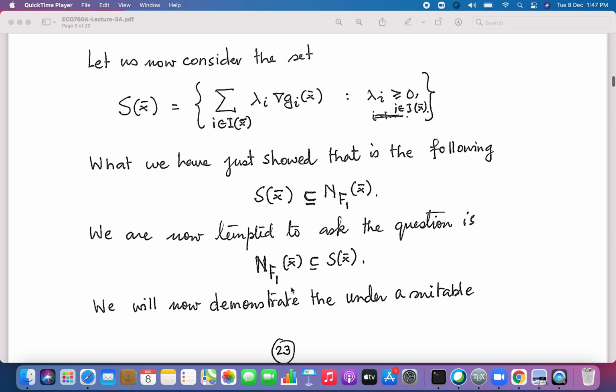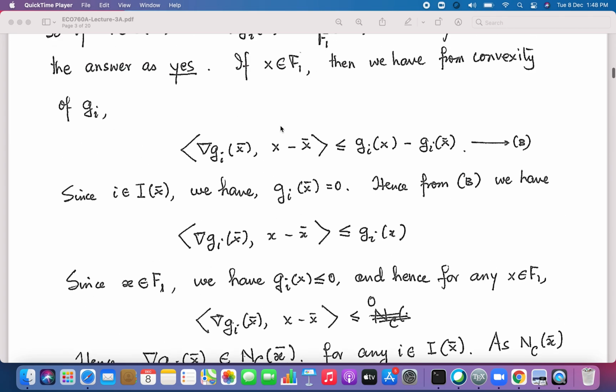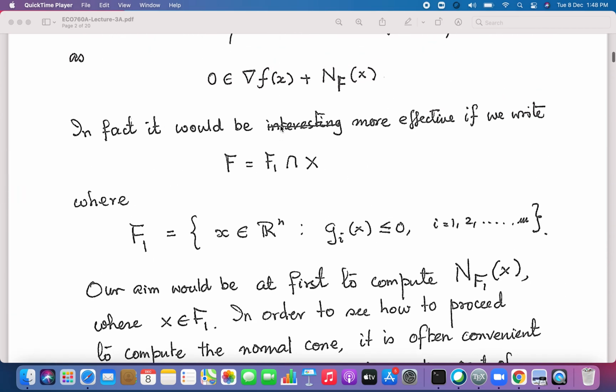Our question is that it would be a good idea if I have S(x bar) itself to be the normal cone. Then it makes much more sense, because then I can express the optimality condition in terms of the gradient of the known data, because that's what it will give me. So immediately you know what to do. If you can actually show that the normal cone is this under some condition, then what I will get is this.